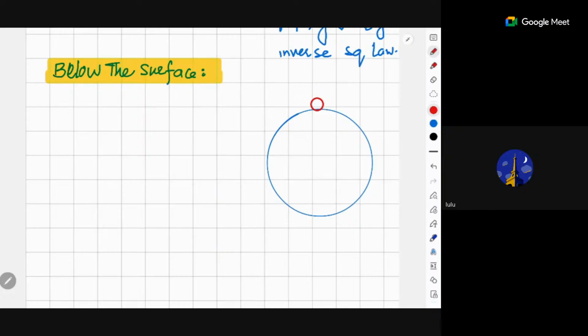Let's say this object is now, we are going to drill into this earth, or this planet, and this is a small object. Now this object was at a separation r from the center of the earth.